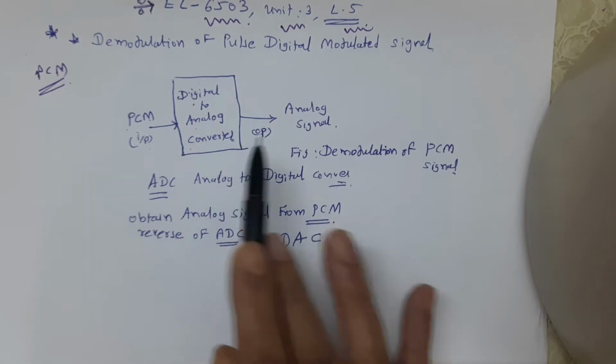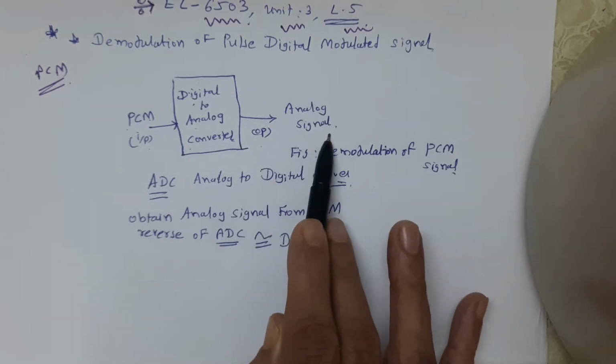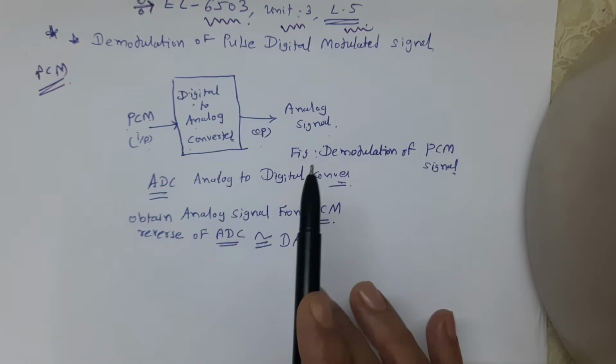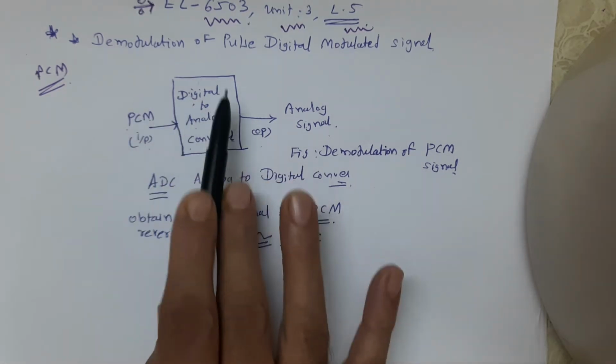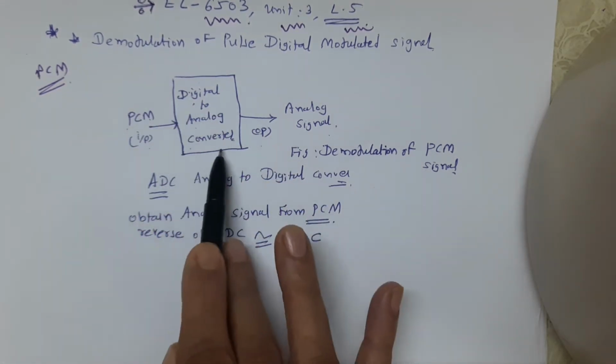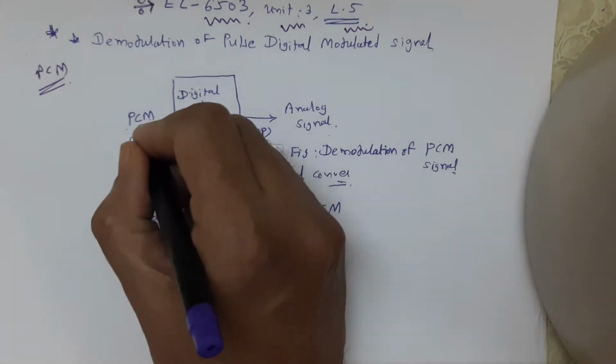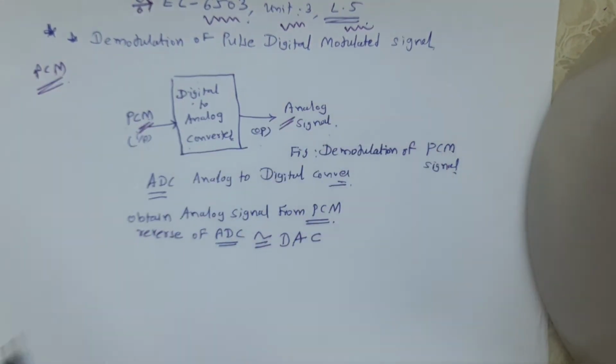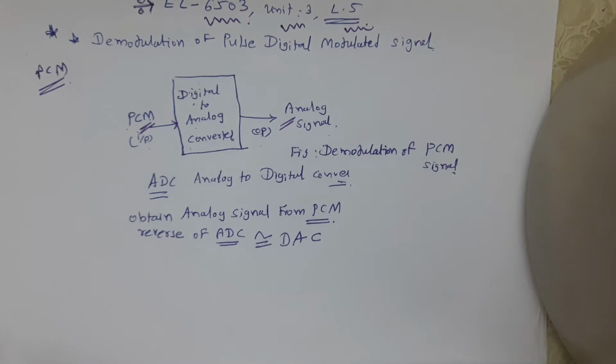At the output side, we are getting the analog signal. That means it differentiates these two with the help of this digital to analog converter. That means this digital signal is now converted into the form of the analog.